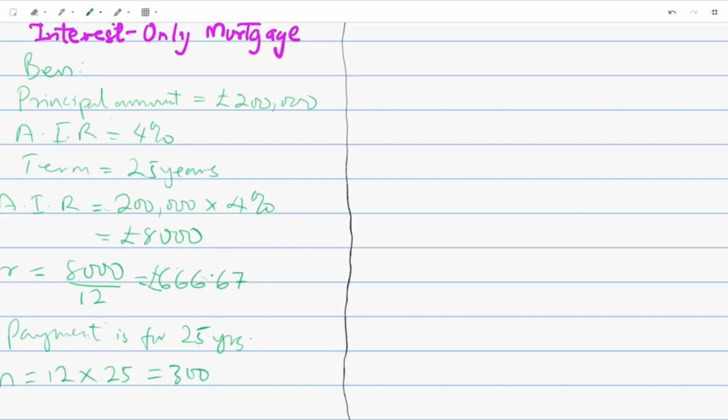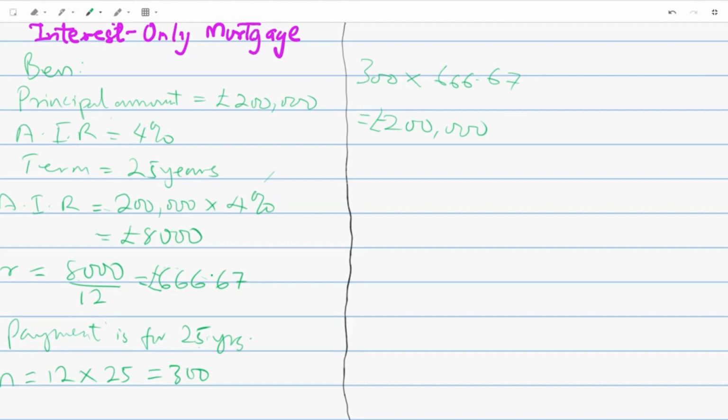What we have to do now is multiply 300 times 666.67. I'm just punching my calculator here. If you give me a second. This should give us roughly £200,000.